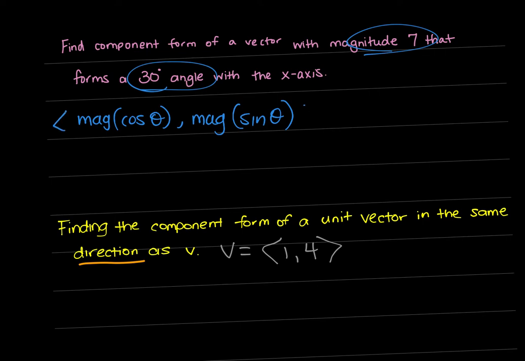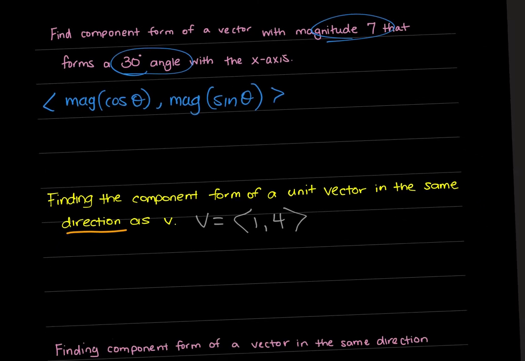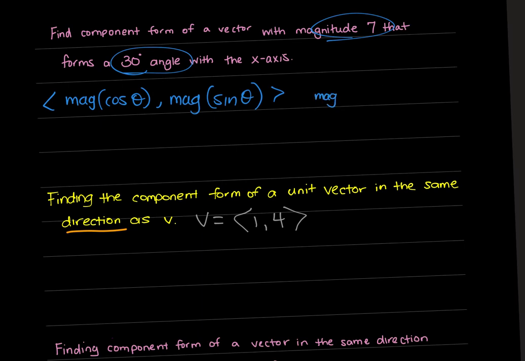Or you would have done magnitude cosine of theta I plus magnitude times the sine of theta J.